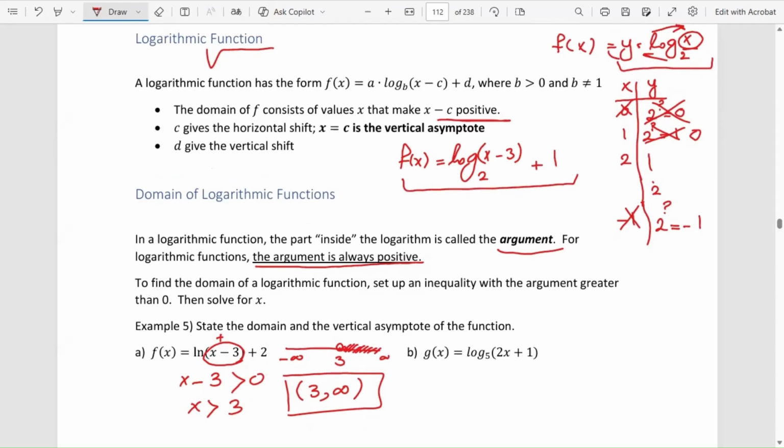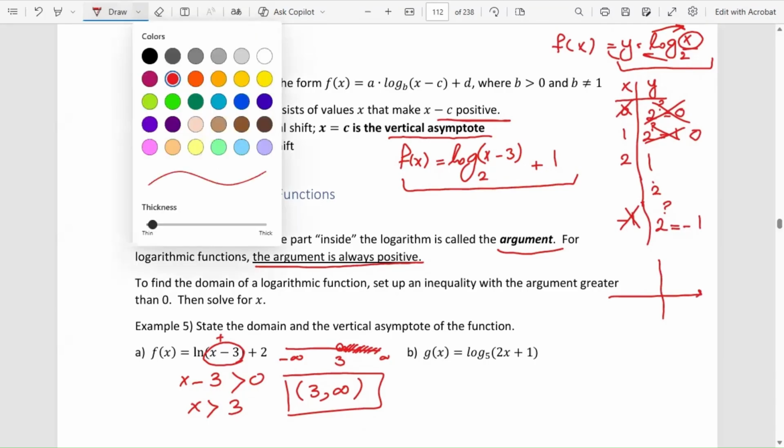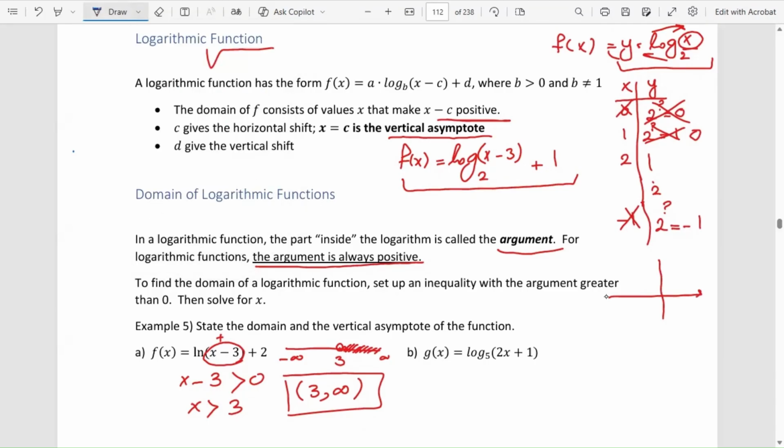But we know that logarithmic functions also have a vertical asymptote. We talked about the asymptote in exponential functions, and we said that all exponential functions have a horizontal asymptote, which in general is the x-axis.